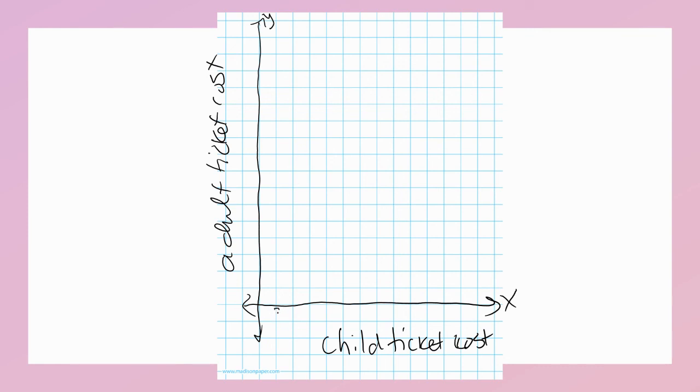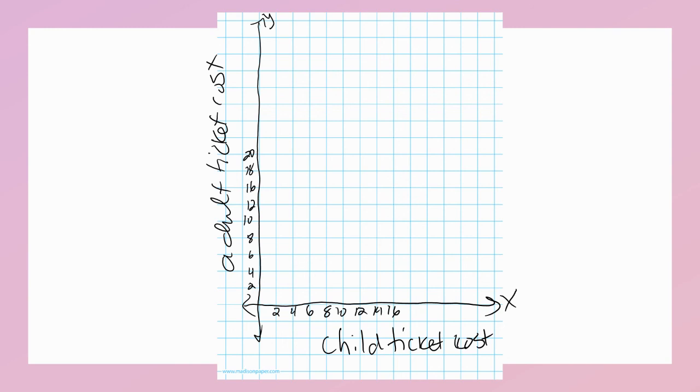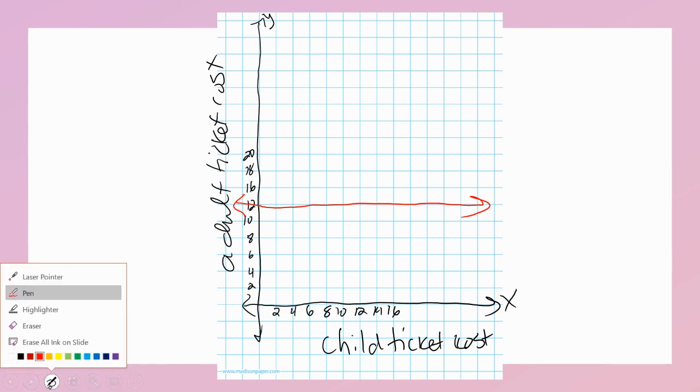I'll go by 2s, and I'll go by 2s here. Now, you don't always have to go by the same scale each side. I will start with y equals 12, because adult tickets is y. y equals 12 is a horizontal line. So there's y equals 12.